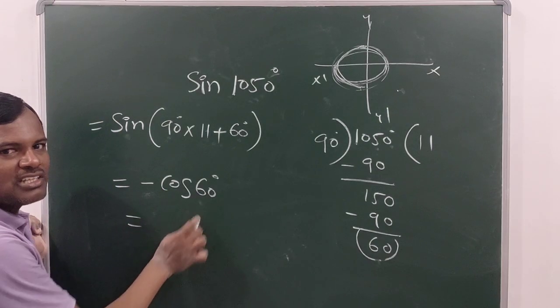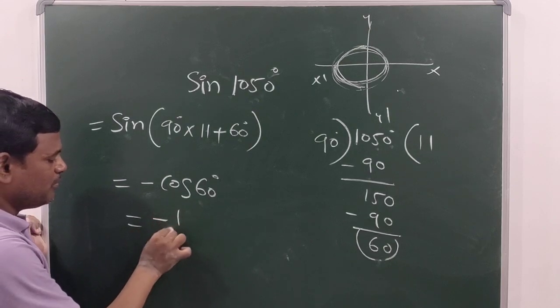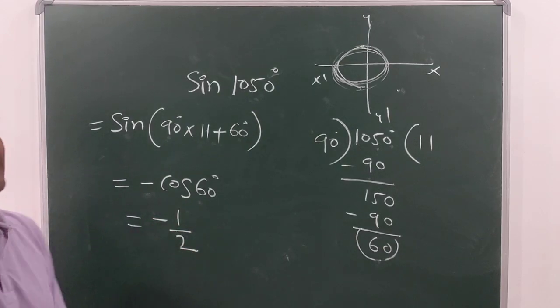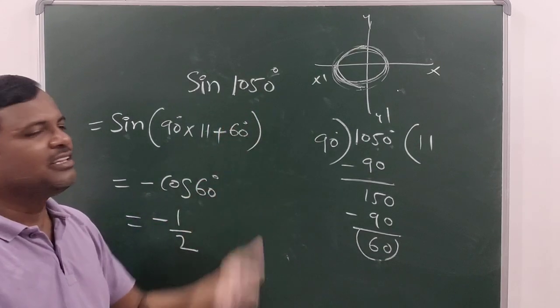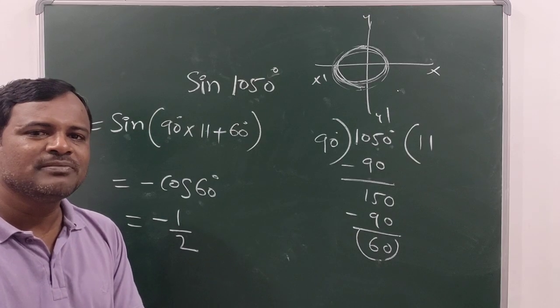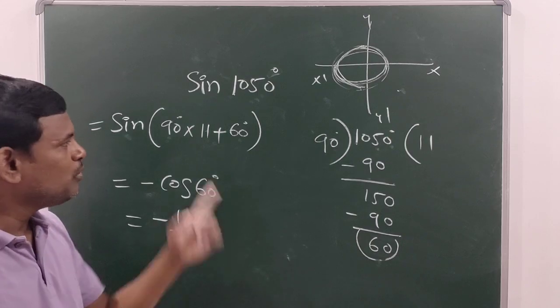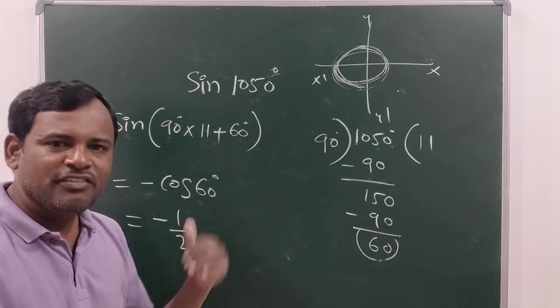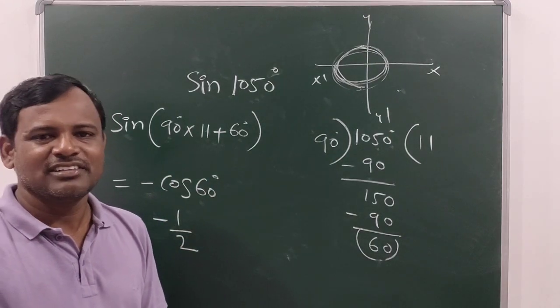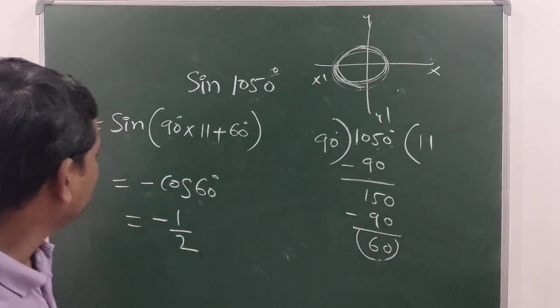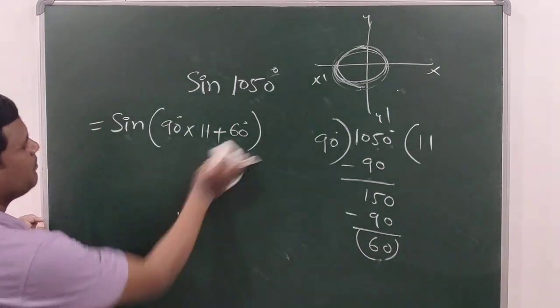You know cos 60 is 1 by 2, so minus 1 by 2. Sin 1050 degrees is minus 1 by 2. To answer this kind of question, we use the allied angles concept. Right. Similarly, let us see a few more.